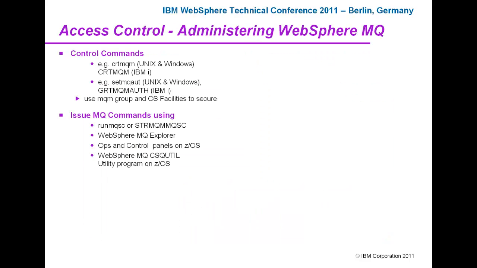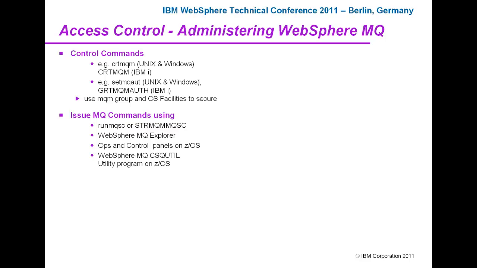So these two equivalent mechanisms control our access control to MQ resources. So when you administer MQ, first of all, you have a number of control commands. For example, crtmqm, setmqaut.